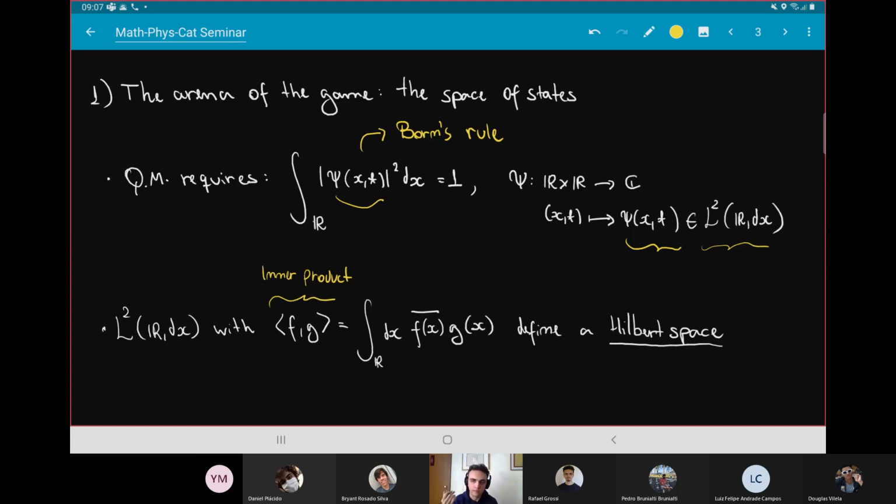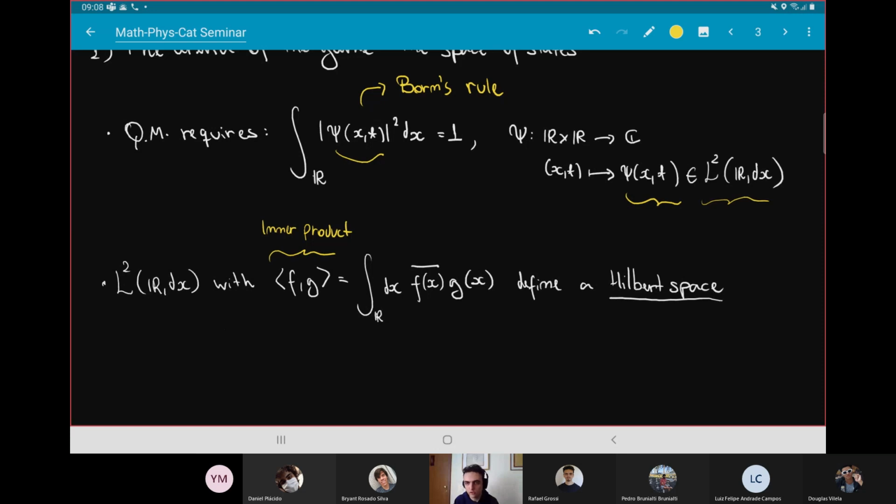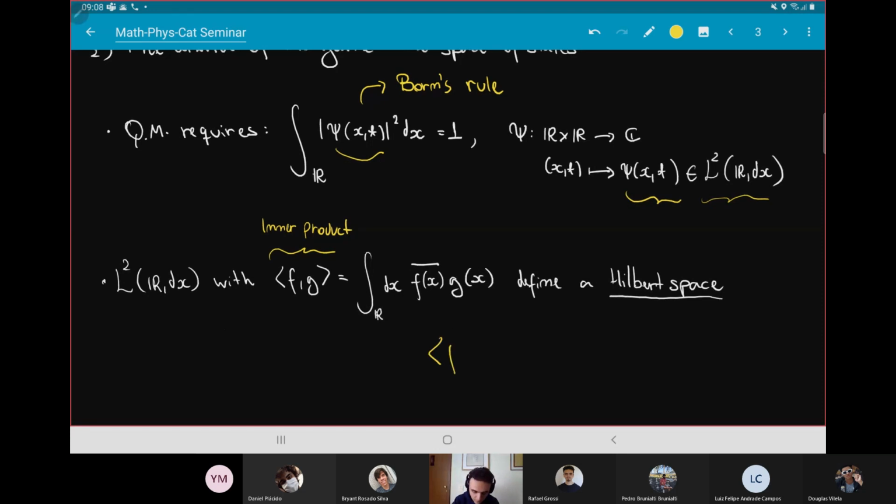With this same inner product you can construct a norm, so you can have an intuition about the size of the vectors that live in your space. And if you have a normed space, you have a Banach space. So every Hilbert space you can think of as a Banach space, but the converse is not necessarily true.